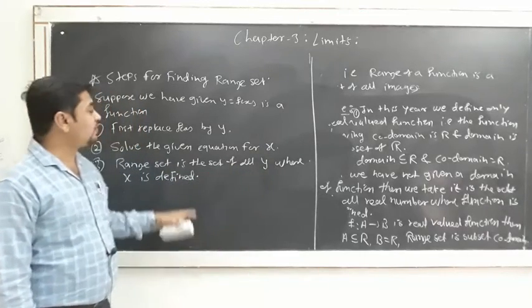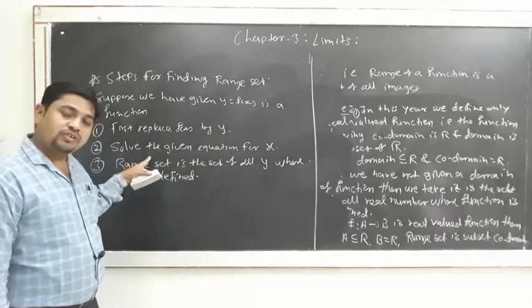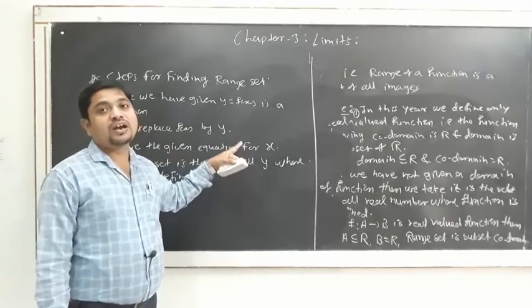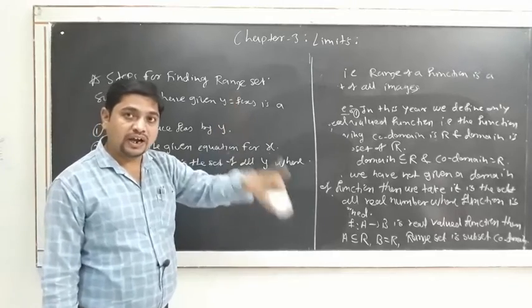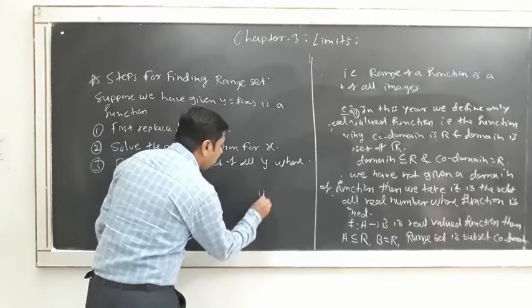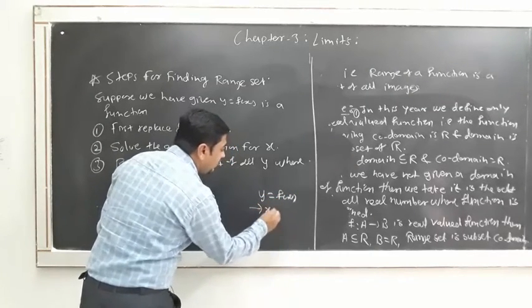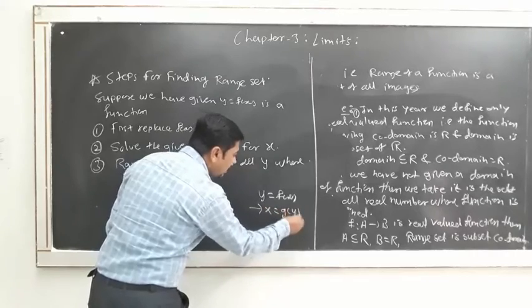That is, you first replace f of x by y, then solve this equation for x, and then you get x as a function of y. So first you have y is equal to f of x, then solve this equation, x is equal to g of y.